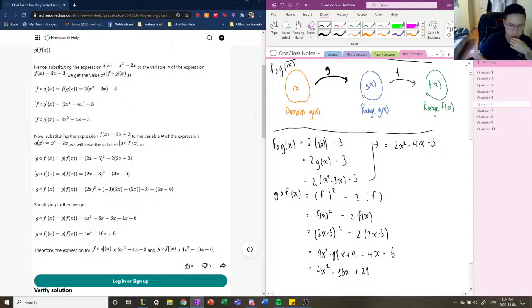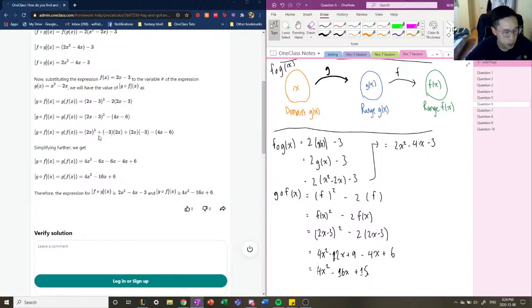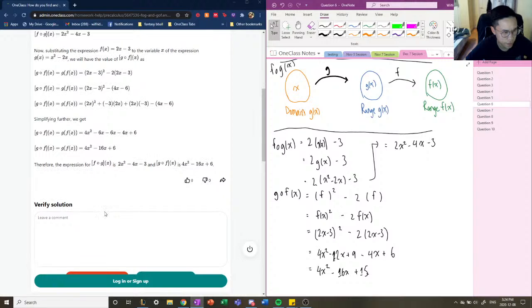It should be 6. This should be 15. All right, hopefully I didn't make any more mistakes. 4x squared minus 16 plus 15. I think I'm good. So here the junior tutor forgot to write out the last term. They didn't include the 9 here, so that's why they have a 6 instead of a 15.